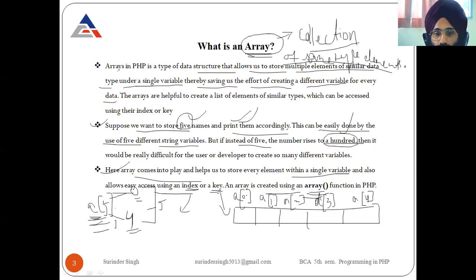Clear? Now every element is accessed by using the array name and the index value enclosed in square brackets. Clear? Like we said, the array contains 5 elements. Then how to refer to array elements?